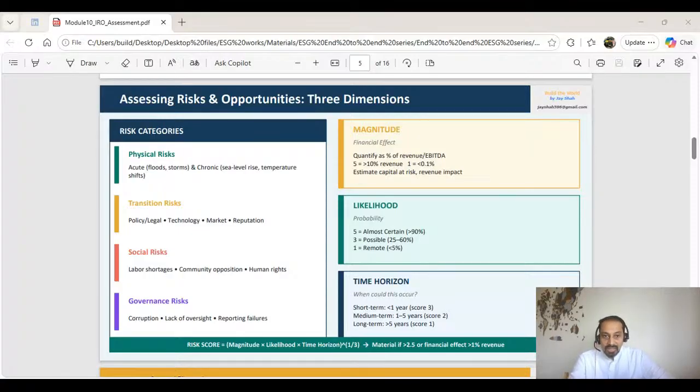Then you can see on the left side of the slide the four main risk categories. Physical risks are those driven by actual physical changes in the climate or natural environment. Acute physical risks are event-driven, such as floods, wildfires, and storms. Chronic physical risks are gradual changes, such as sea level rise, long-term temperature increase, and water stress.